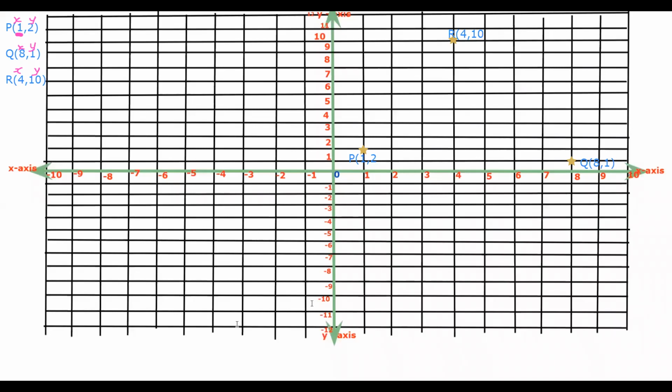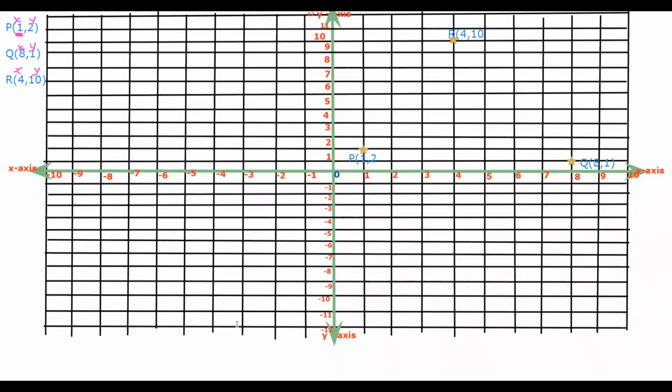Now, the question asks you to what? To join the points to form a triangle, okay? Then you join these points here to form a triangle. And now we have our points here.